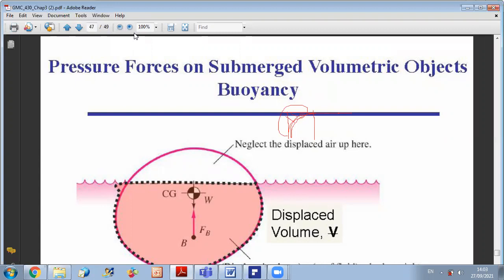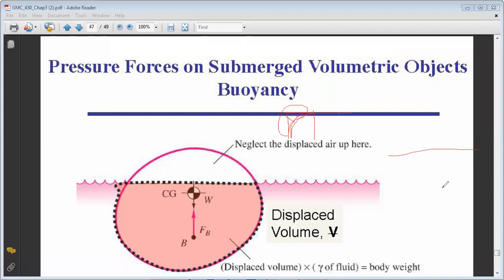The idea is that if I have a certain object that is immersed in a fluid, to know its equilibrium state, if it will move downward to the bottom, or if it will float on the free surface, or if it will remain somewhere in equilibrium in the middle of the fluid, this will depend on the balance between buoyancy and weight.